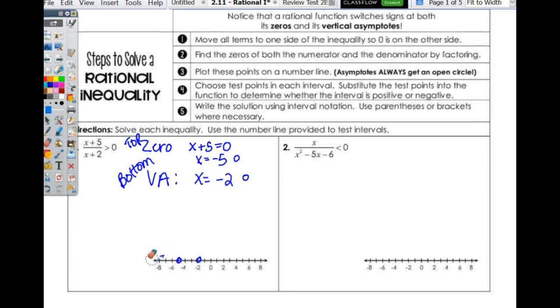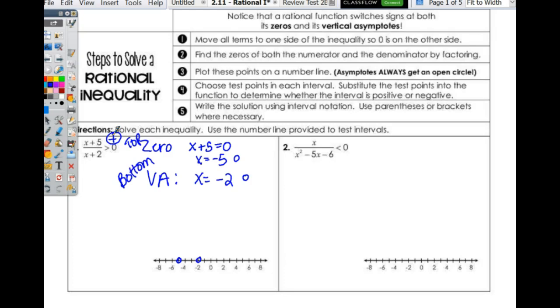You test the x's, those zeros, and the vertical asymptotes. So, right, we want the positives. Because the sign is greater, so we want them all to be positive this time.